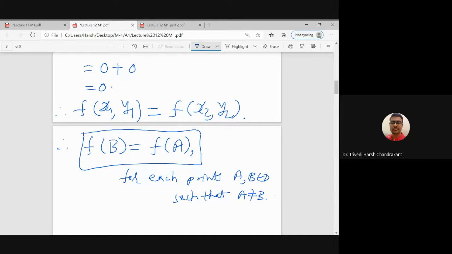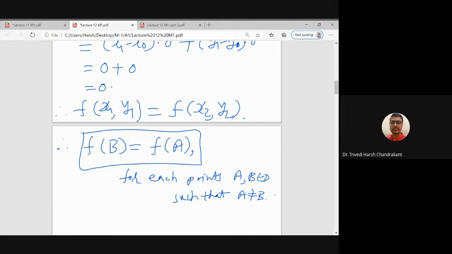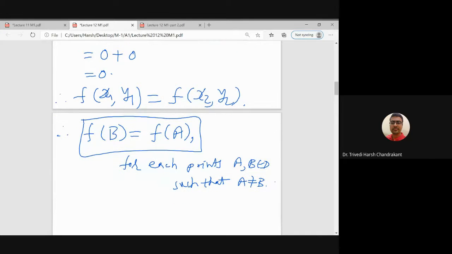A and b are distinct points. So we have a two variable function whose value is same at any 2 points in the domain. So that is what we proved here. You take any 2 points a and b in the domain, its value is same. So that means the function is constant function.